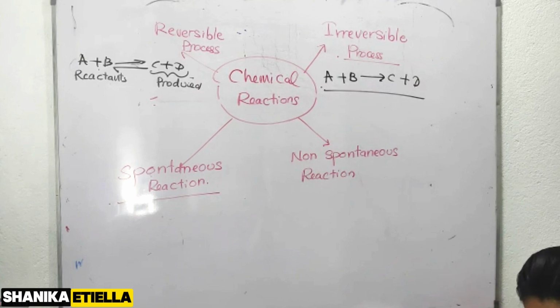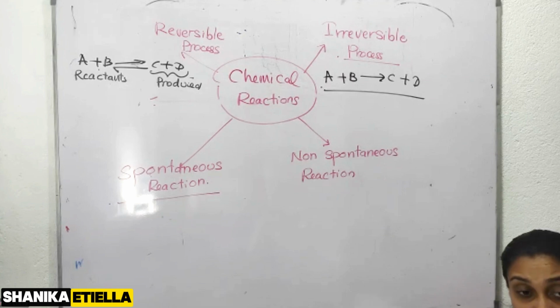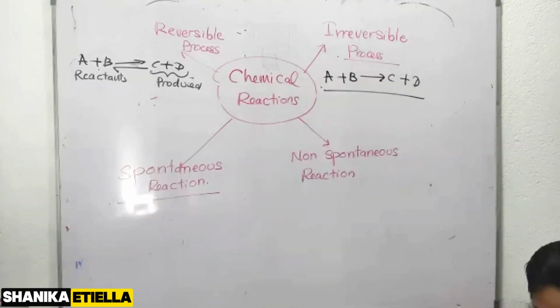An irreversible process is one which cannot be retraced to the initial state without making a permanent change in the surroundings.